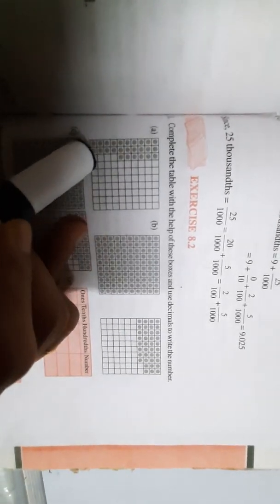Before that, there are 10 small boxes along the column and 10 along the rows. So let us count the number of boxes. The first column contains 10, all are dotted, 10. The second column consists of 10 dots, 10 plus 10, 20.